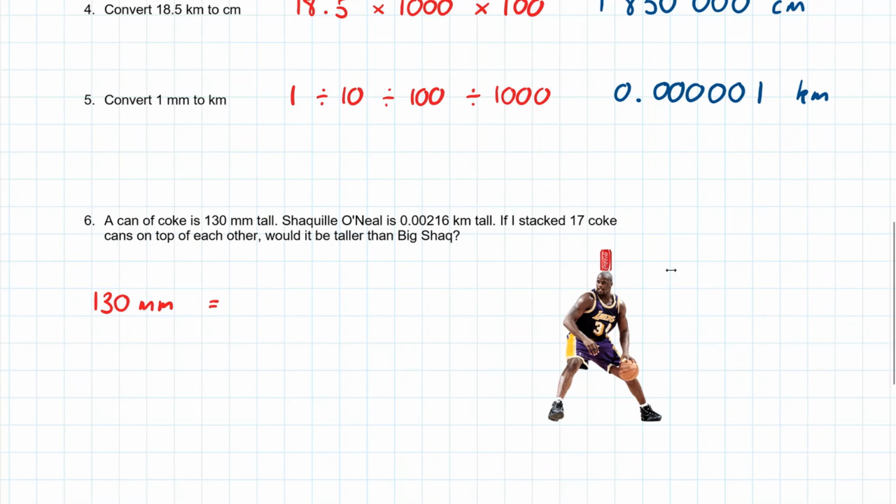Okay, if we do our conversion chart, it'll say we need to divide by 10. So we're just going to do divide by 10. And we'll get an answer of 13 centimeters. Okay, let's see how many centimeters 0.00216 kilometers is.